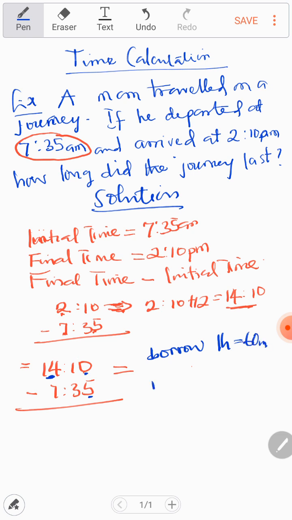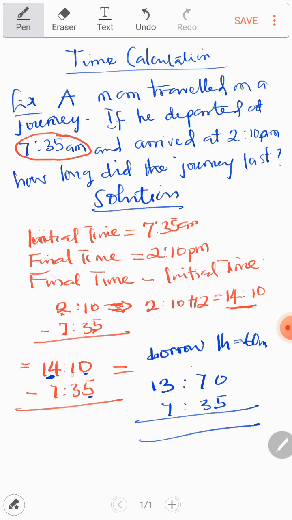So this becomes 13:70. Okay, then 7:35. Now we can subtract this one. This is very easy. Remember what we did here.